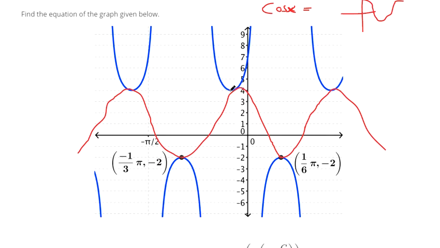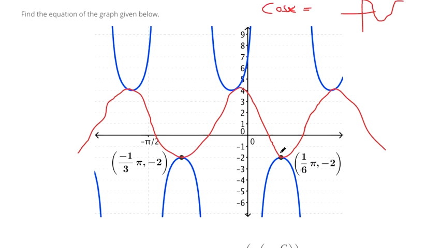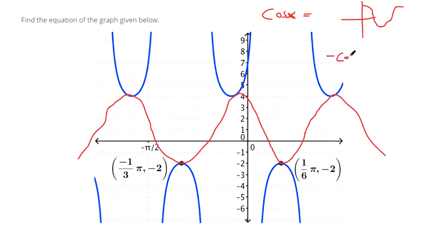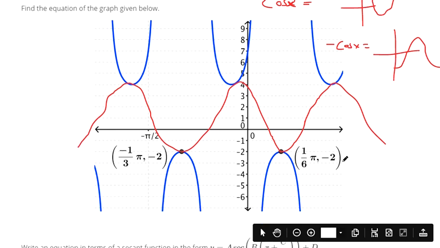My graph's a little off. It should have touched right here, but we don't have this coordinate. We do have this coordinate, though. So if we think about negative cosine of x, that might help us. That starts at the bottom, then goes to the top, and then to the bottom. It's just got some sort of phase shift happening. So we're going to want to consider negative cosine of x.